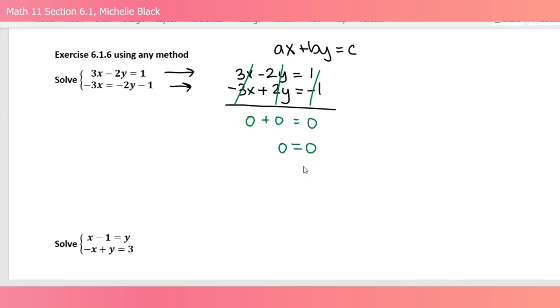Hopefully when you tried this on your own, you found something similar, where basically everything canceled out. If you get back a true statement like we just did, where 0 equals 0, we call this an identity. What this means is that the two lines that we were given, or these two equations, are equivalent.